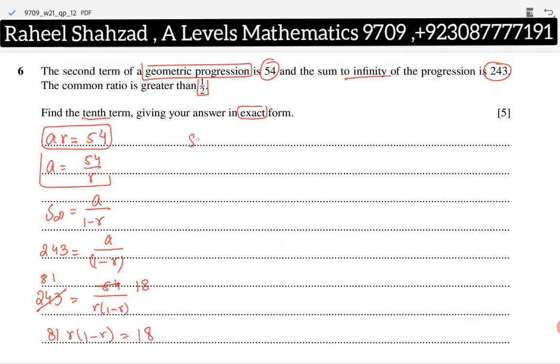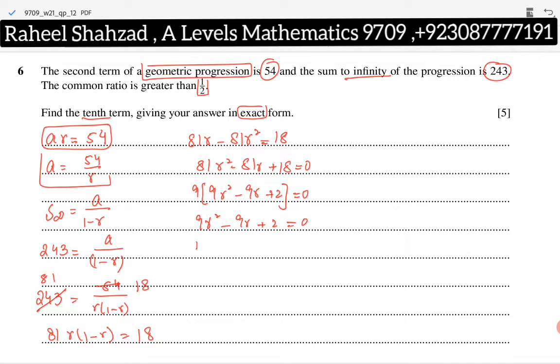So it is basically 81 R minus 81 R square is equal to 18, or it is 81 R square minus 81 R plus 18 is equal to 0. We take 9 common. 9 R square minus 9 R plus 2 is equal to 0.